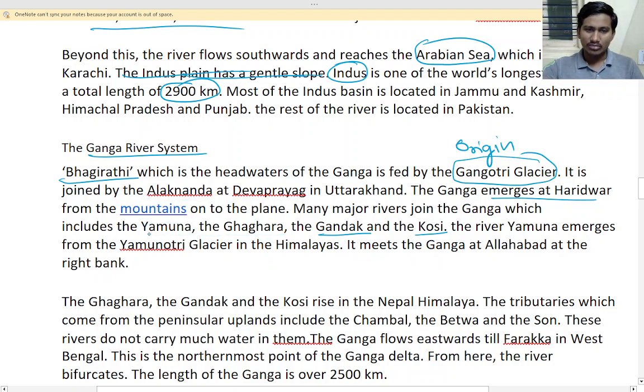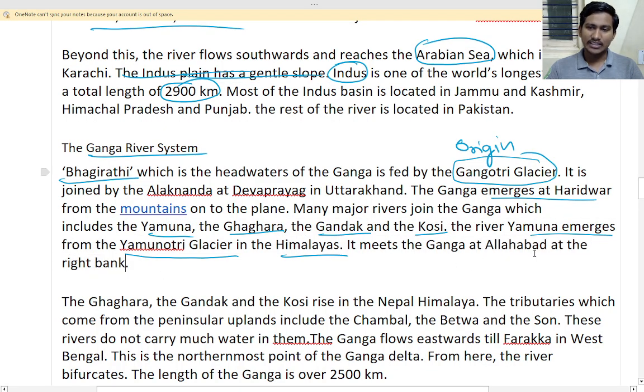Okay, so Yamuna, Ghagara, Gandak, Kosi. The river Yamuna emerges from the Yamunotri glacier in the Himalaya. It meets the Ganga at Allahabad on the right bank.